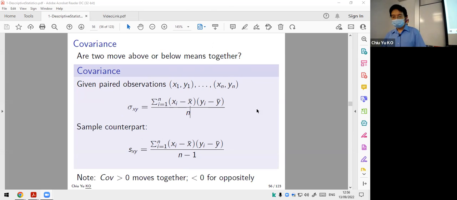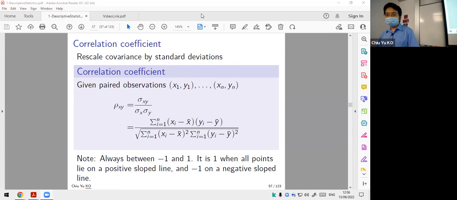And it's difficult to tell whether a covariance of 1,000 or 2,000 or 3,000 tells you anything. So one very useful thing is to divide by the SD of X and SD of Y.